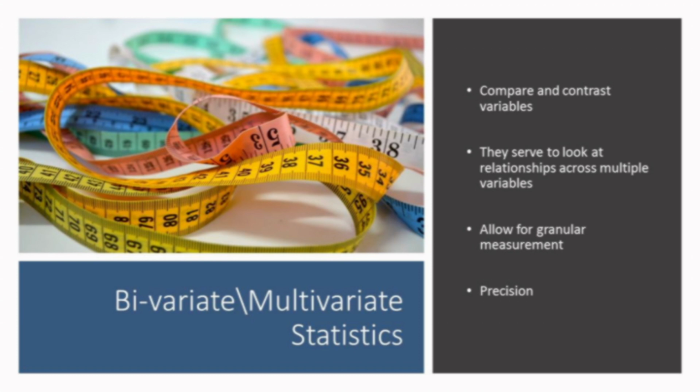Granular measurement really gets back to our previous conversation about interval and about ratio scales, about really distilling what those differences are between each answer. It offers us precision. We're able to precisely say something about something.